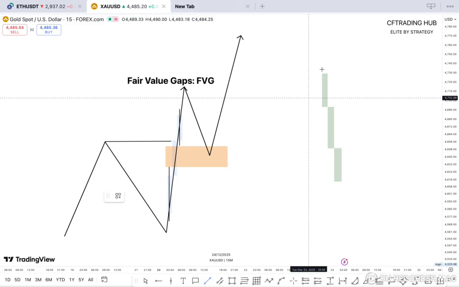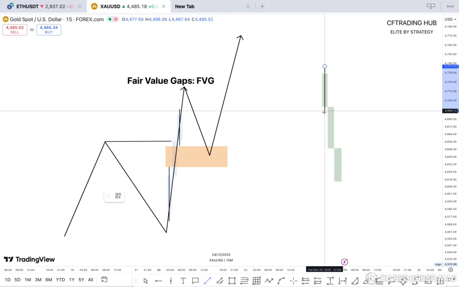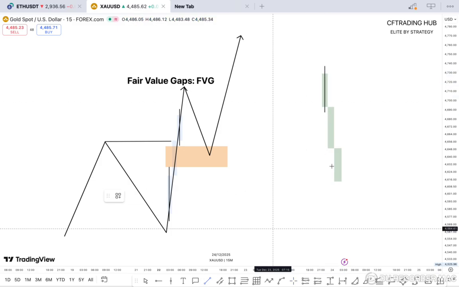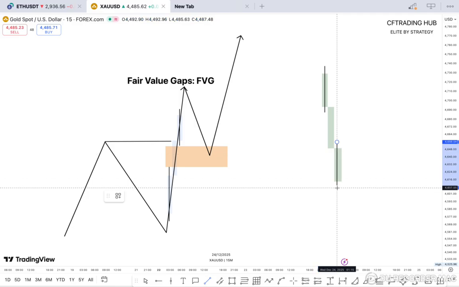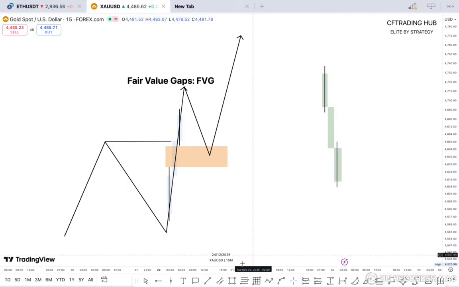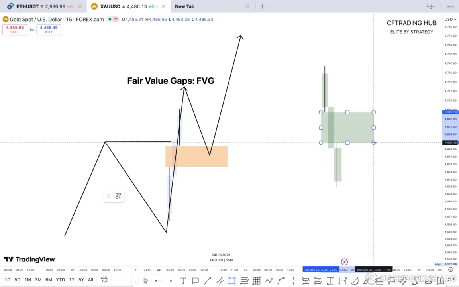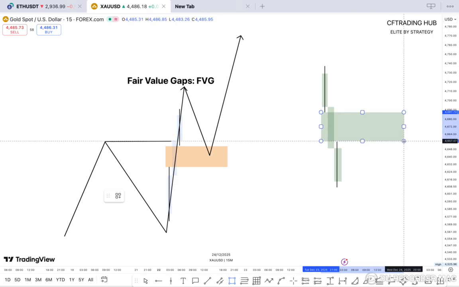So we understand the wicks. Use another wick. So in between the wick of the first candle and the wick of the third candle over here, the gap left within the second candle is what? That is your fair value gap.